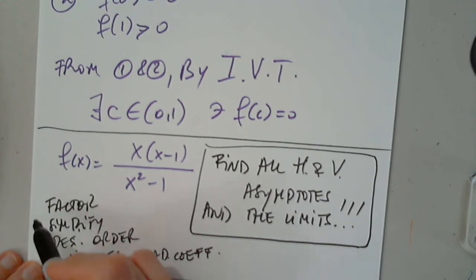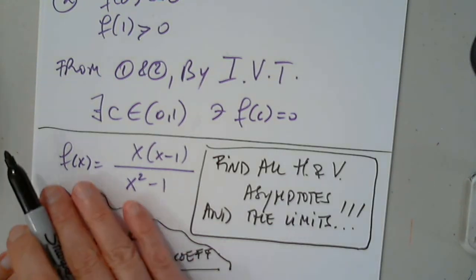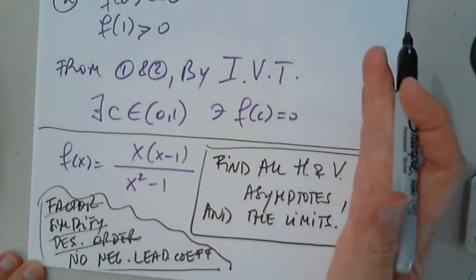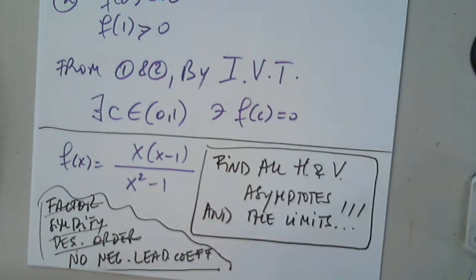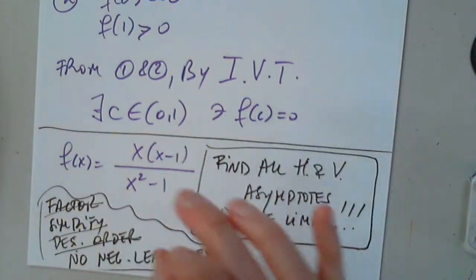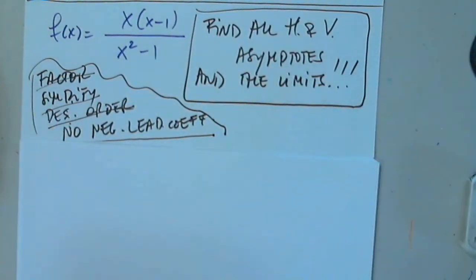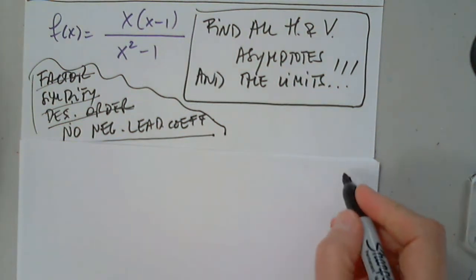All the time, this should be in the back of our minds. Factor, simplify, descending order, no negative leading coefficient. This is my first step. I don't care what the problem is saying. Eventually I will look, but right now I only can see this function, and when I look at this function, I see something nice.